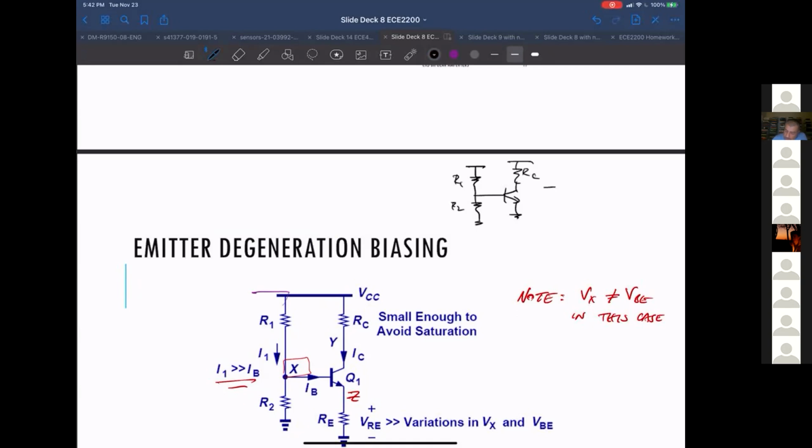In this case, I sub C is I sub S times the exponential of VBE over VT.